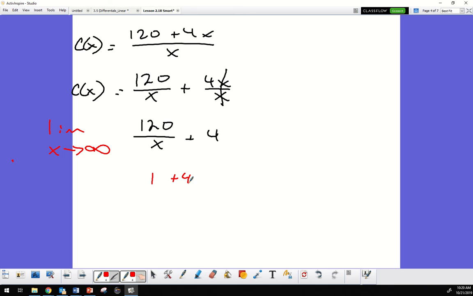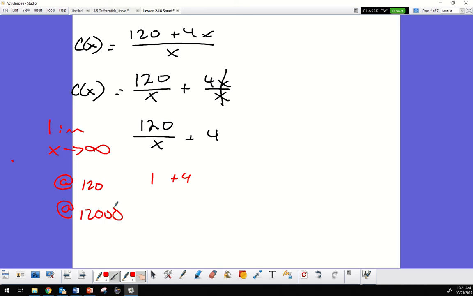Okay. So now that's at 120. That's not even close to infinity though. So now let's go 12,000. So at 12,000, in your calculator, I want you guys to see what we get here.